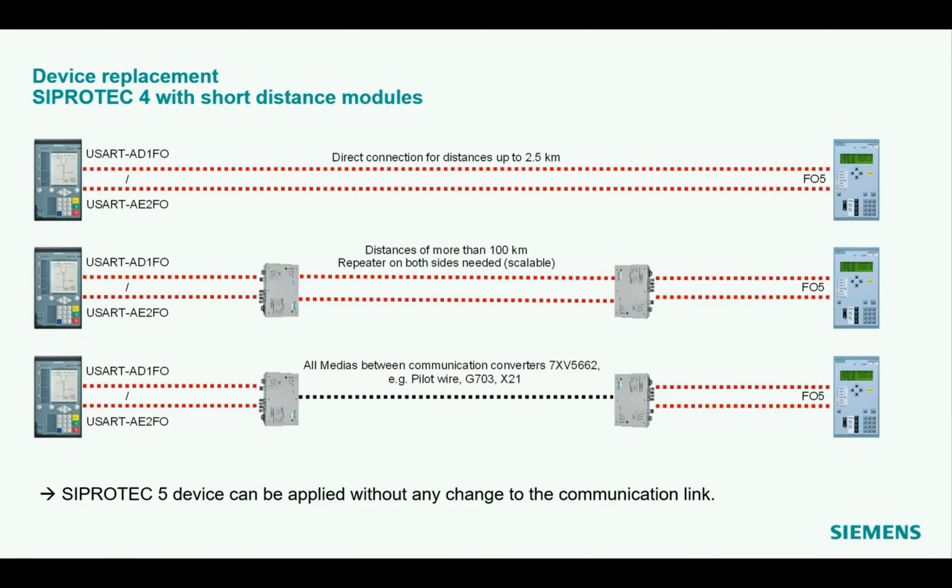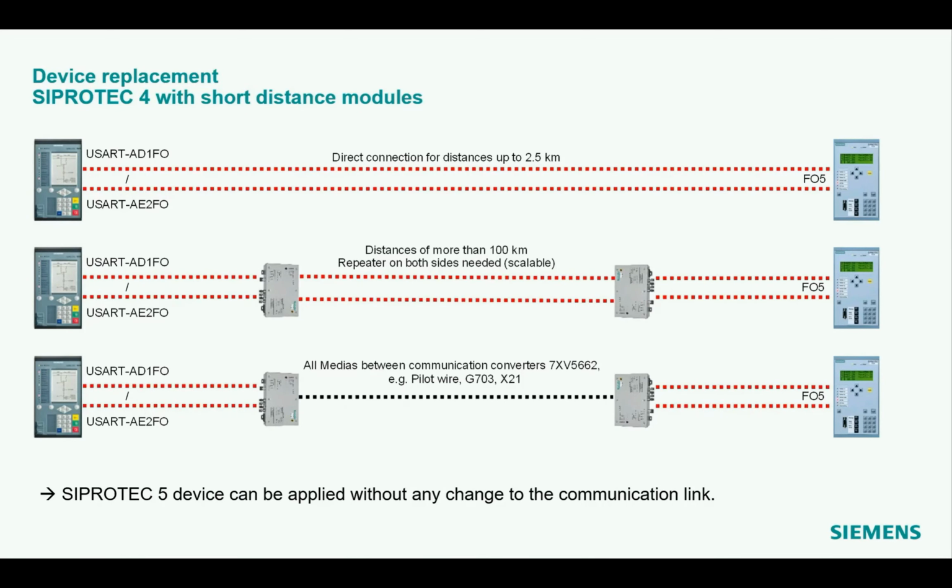No further equipment is necessary. For a short distance, up to 2.5 kilometers, a direct fiber optic connection between the two devices is possible. For this setup, you need a FO5 module in the SIPROTEC 4 device and a USART81 or AE2 FO module on the SIPROTEC 5 side.